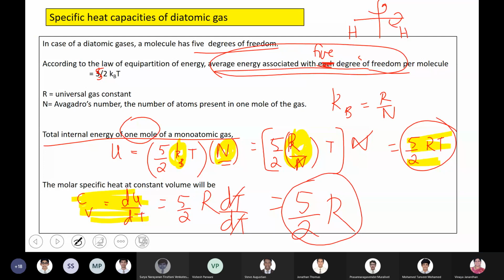Now, then this molar specific heat at constant pressure Cp is, have you copied this, boys?